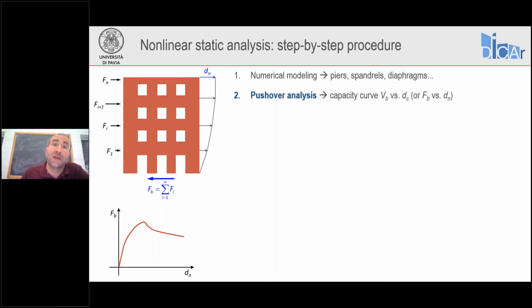So once we have performed these two steps, we have our capacity curve, a relationship between the base shear FB or VB and the displacement of this control node, DC or DN.